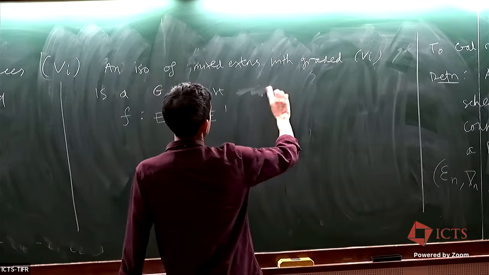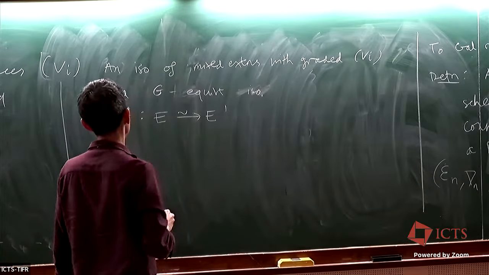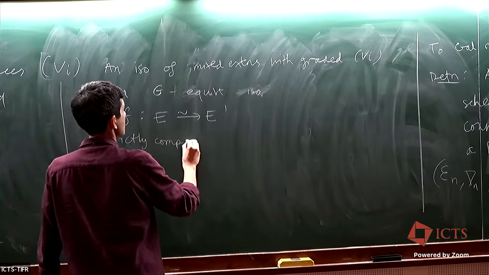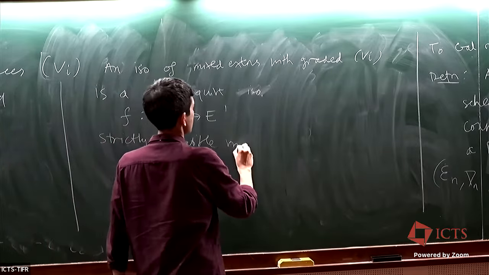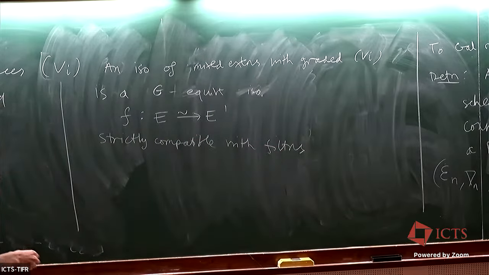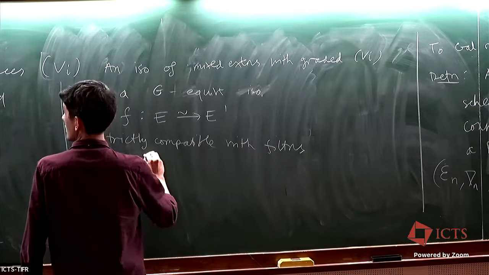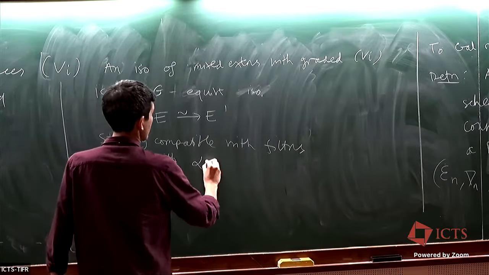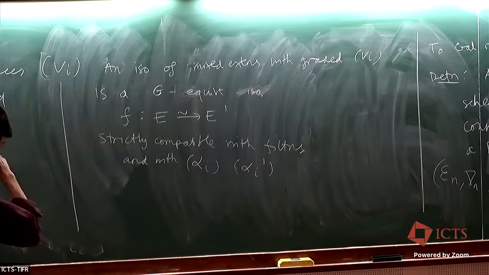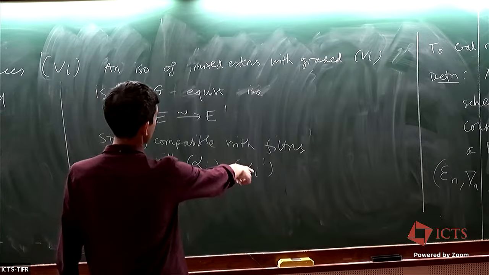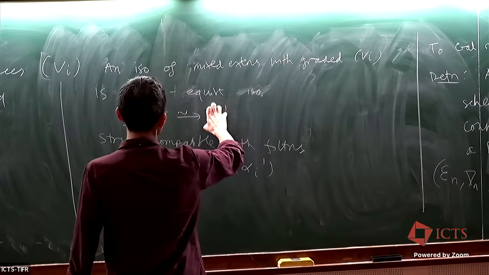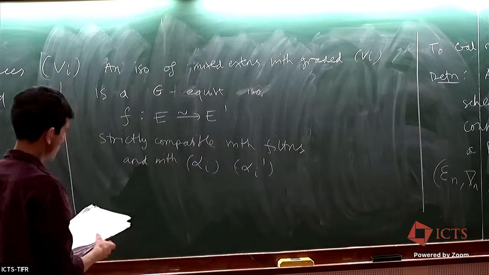Actually, it's going to be an isomorphism, which is strictly compatible with filtrations, and also with the alpha_i's and the alpha_i primes. That is to say that alpha_i prime, the isomorphism from V_i to this graded piece of E_i, is exactly the one you get from applying F and alpha_i.